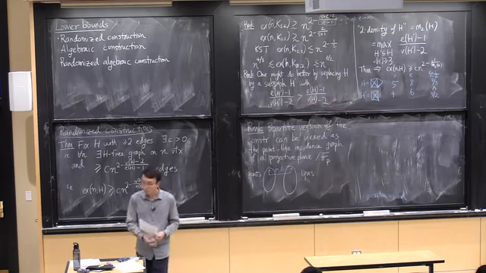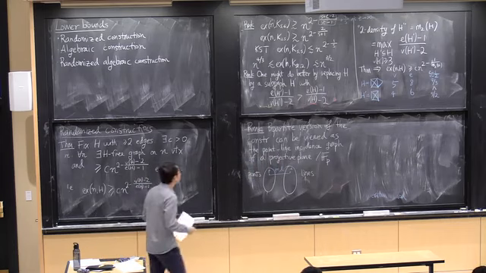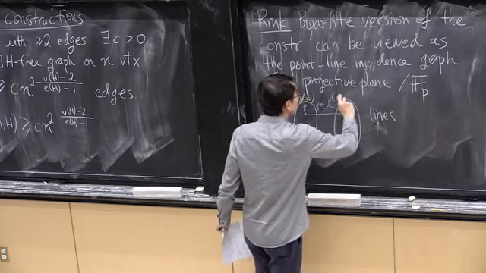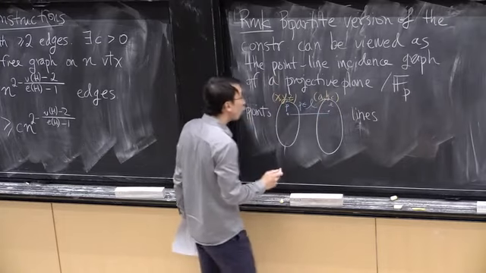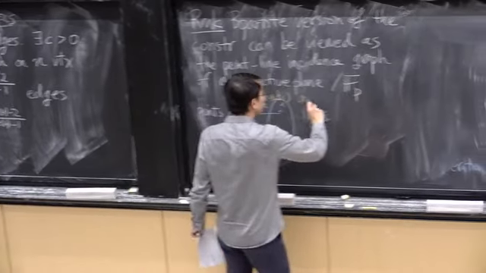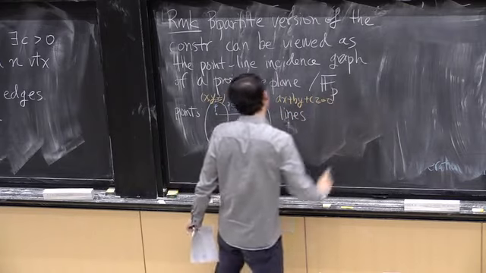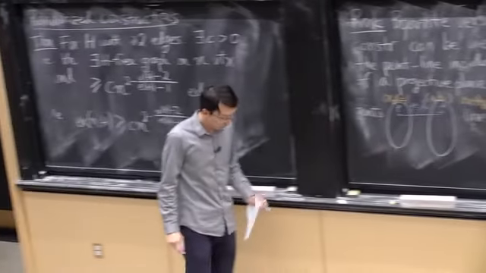You can do this more explicitly in coordinates, if you view points and lines as coordinates, and so the equation for a point to be on a line is like that.